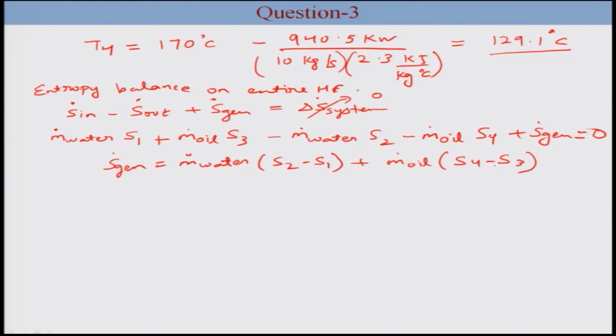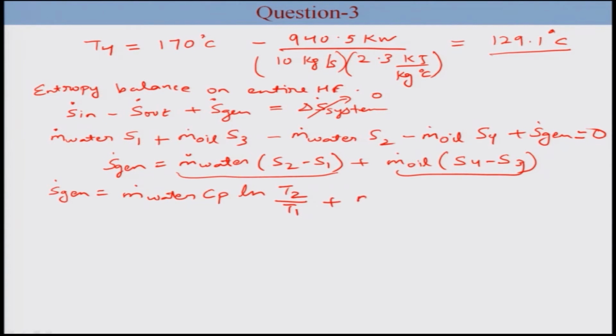And noting that both fluid streams are liquid and are quite incompressible substances, this expression can be written as m dot water, change in entropy will be Cp ln T2 by T1 plus m dot of oil Cp ln T4 by T3.